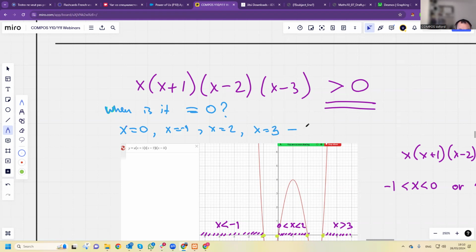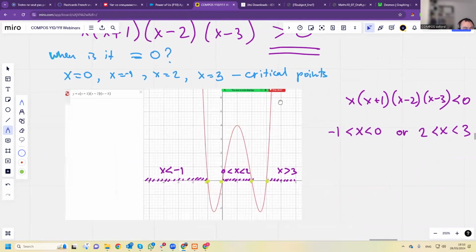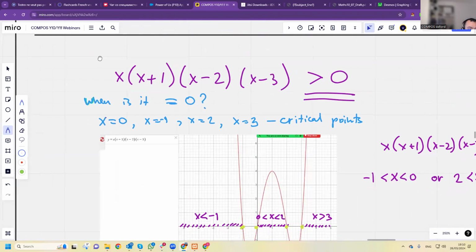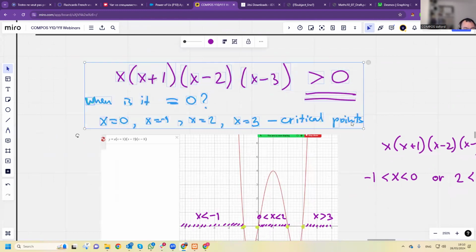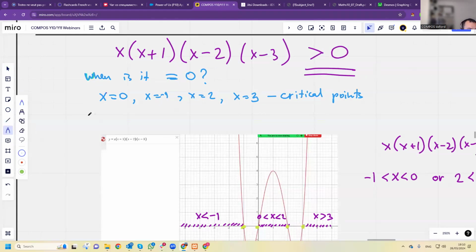These points are known as the critical points. The sign can only change at the critical points.